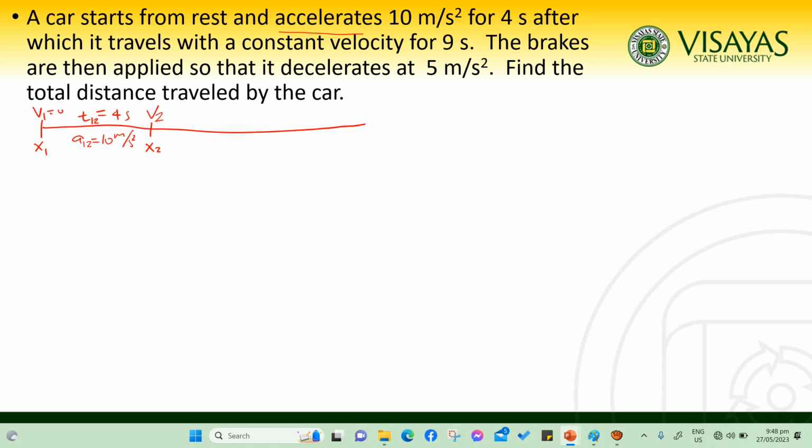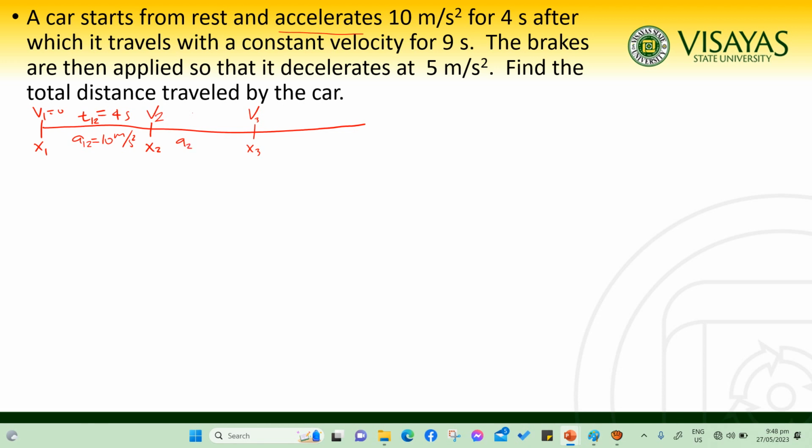So I'm trying to make a consistent presentation of the variables. Now, the car, after 4 seconds, travels at constant velocity. Constant velocity, so there's no change in velocity. It travels from x2 to x3, and I'm going to name this one my v3. Then the acceleration is equal to 0.